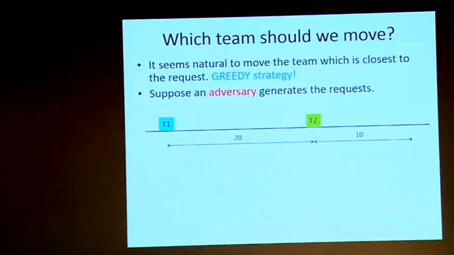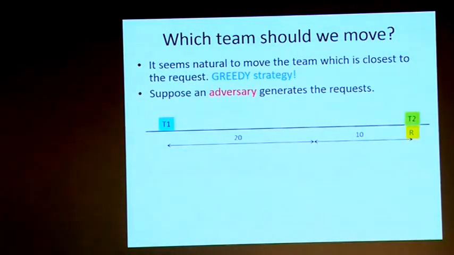So let's come back to my example, and now let me show you how these requests could be generated. We are following the greedy policy now. The request shows up there. The greedy algorithm would say that I move T2. So it travels 10 units. Those are the distances.